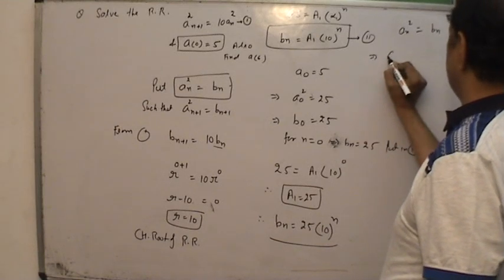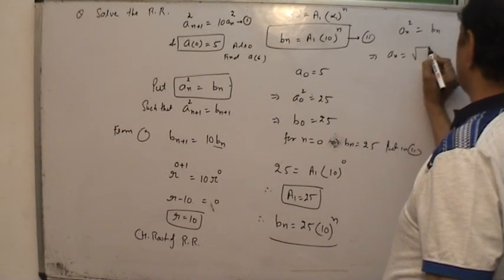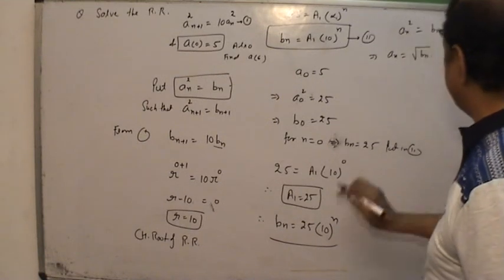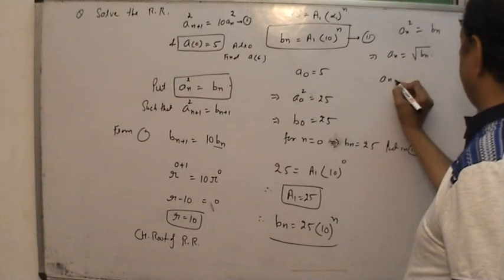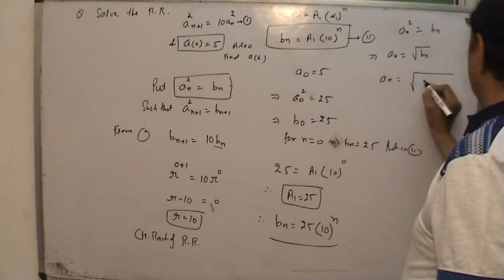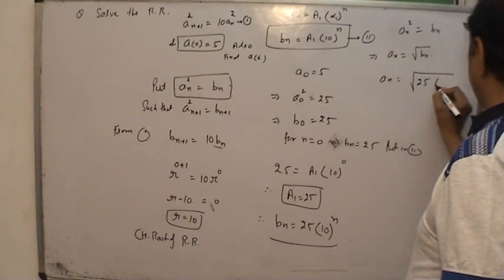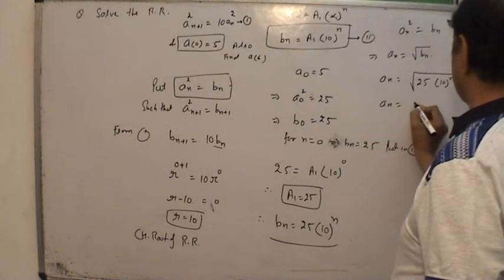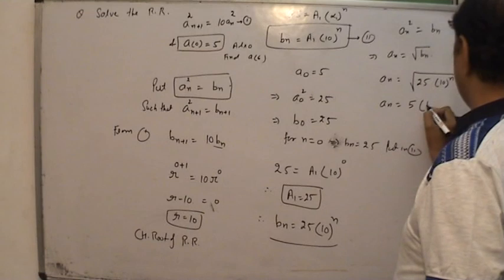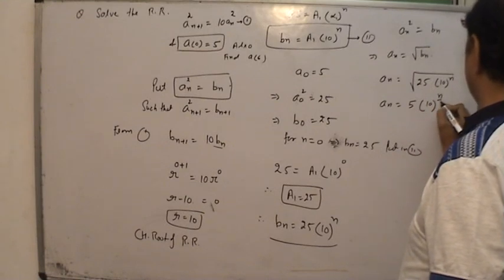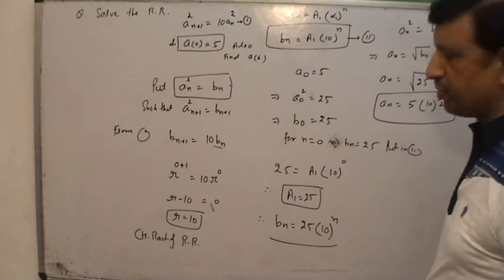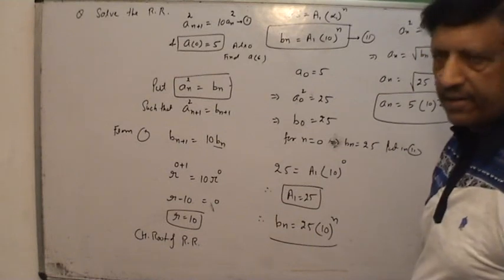This implies an is equal to the square root of bn. And what is bn? bn is this. Then an is equal to the square root of 25 into 10 raised to the power n. It means an is equal to 5 into 10 raised to the power n by 2. It is the general solution of this quadratic recurrence relation.